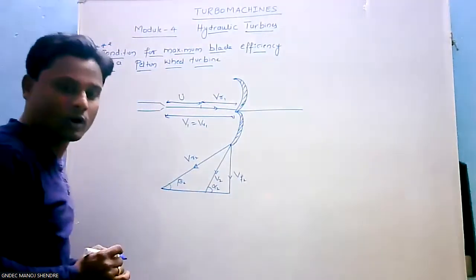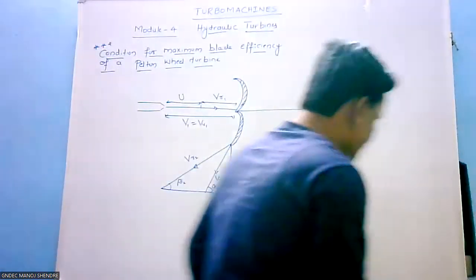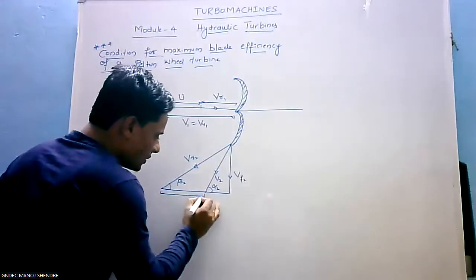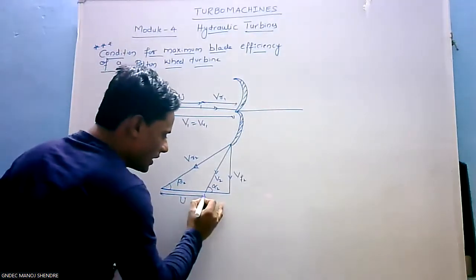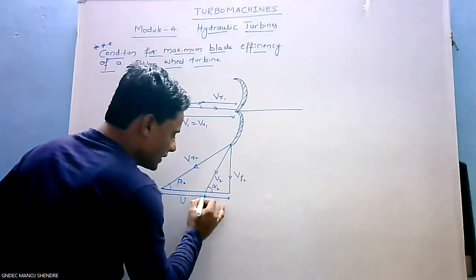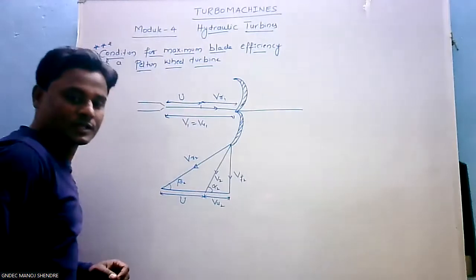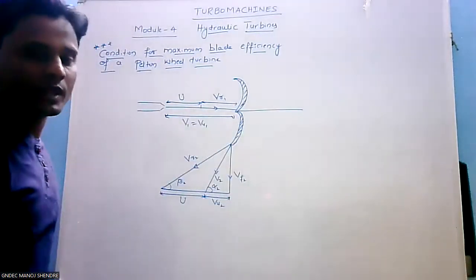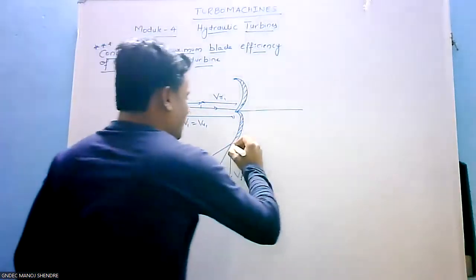Here U is the tangential velocity of the blade, and Vu2 is the tangential velocity component. So this is the complete inlet and outlet velocity triangle for the Pelton wheel turbine.